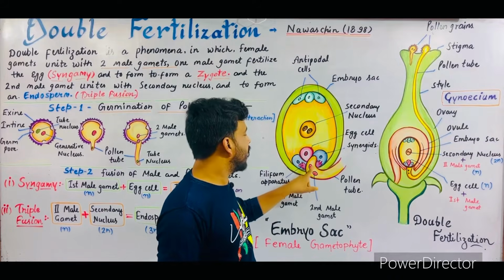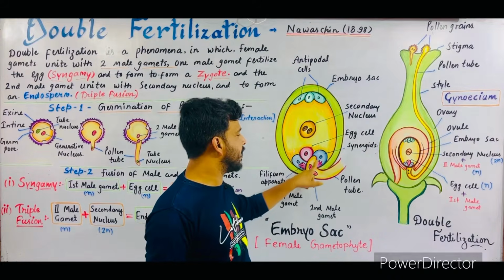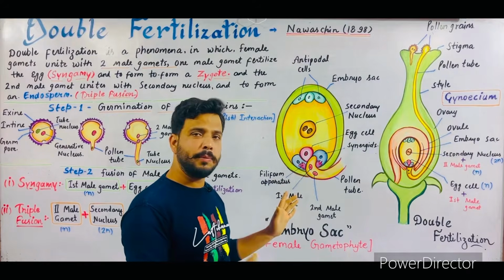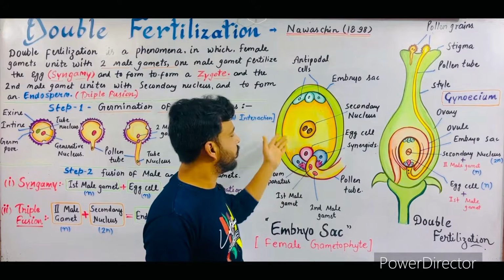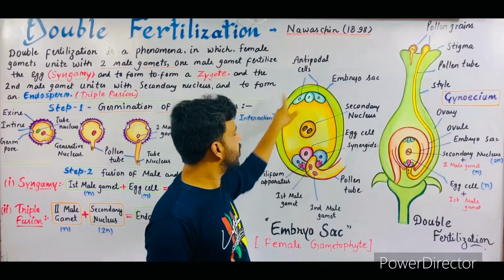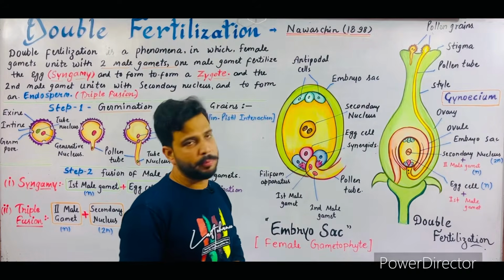One more thing, there is a filiform apparatus near the synergids, which actually guides the male gametes for the fusion. So this was the structure of the embryo sac or the female gametophyte.